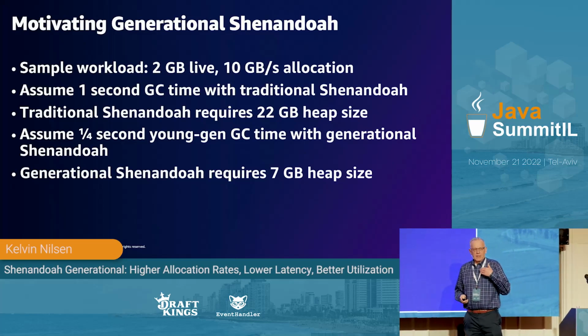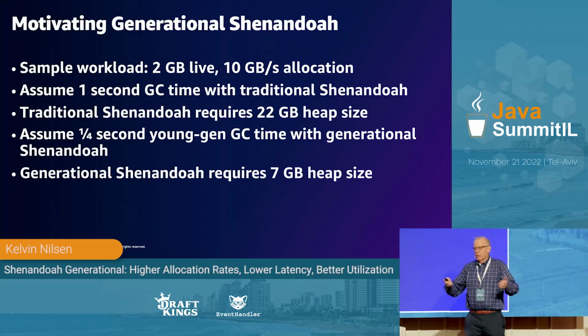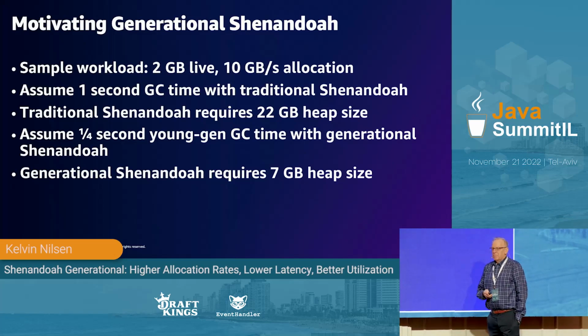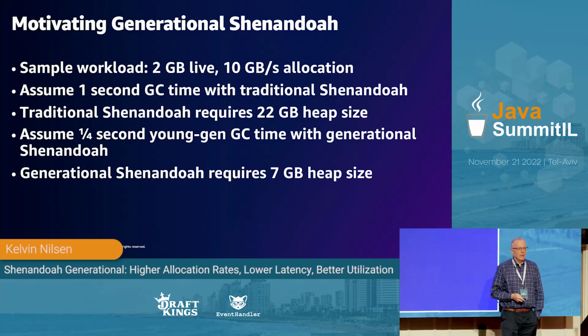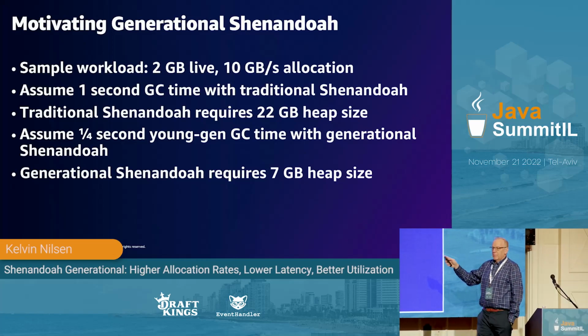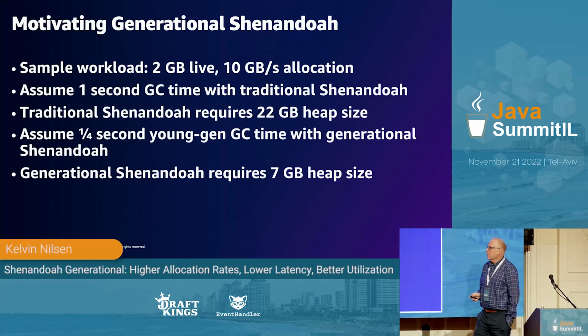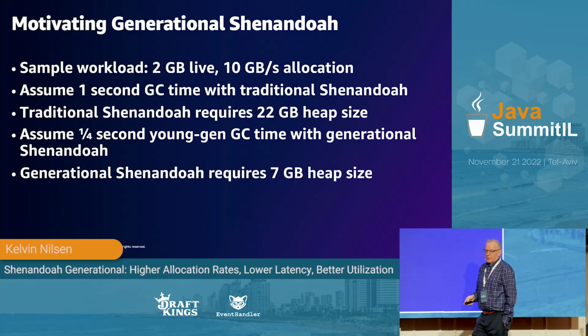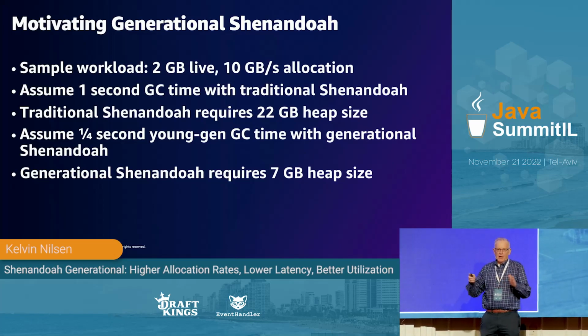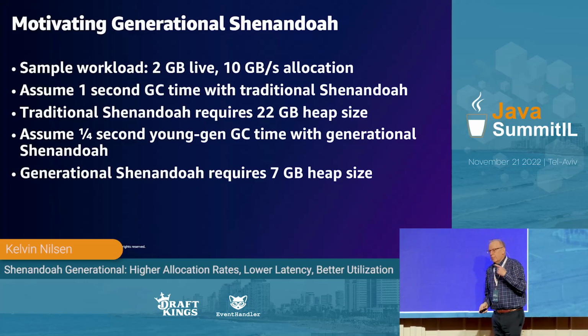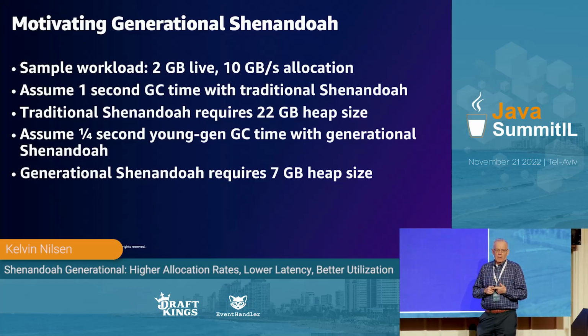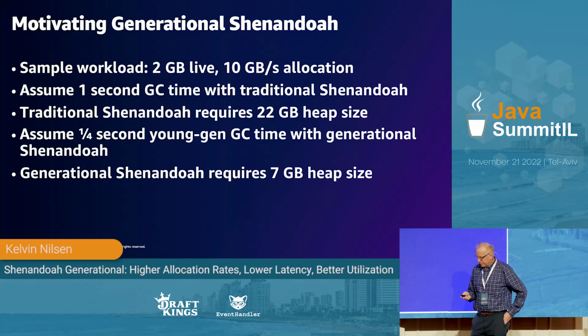Now, at the scale that's typical of Amazon and probably many of your services, where a fleet is 10,000 or 30,000 nodes, this adds up to a huge cost in terms of capital expenditure, buying all those servers, but also operating costs to power all that memory and to cool those server farms.